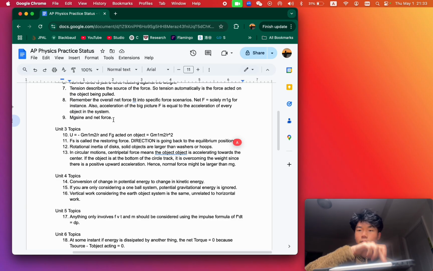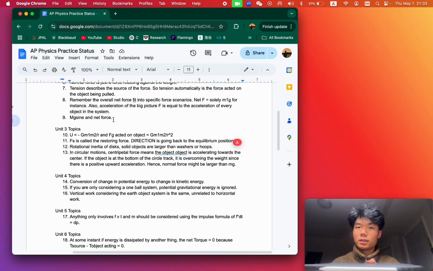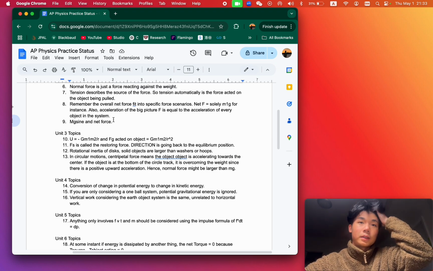So acceleration is the same for this block and this block. Every time you want to explain the force acted on each object, just multiply the acceleration with m. You get F equals ma. All right, so that's that.